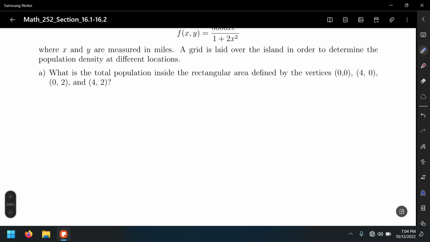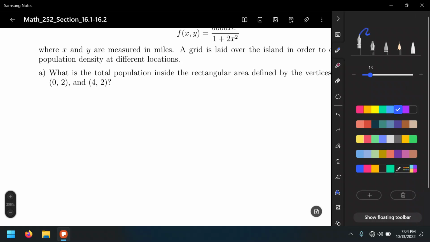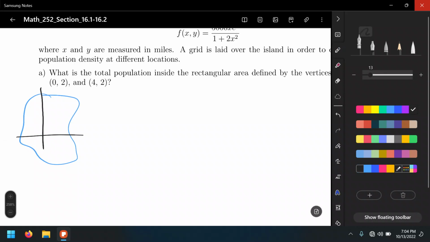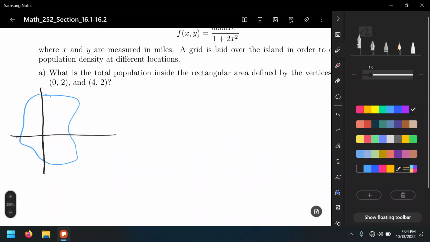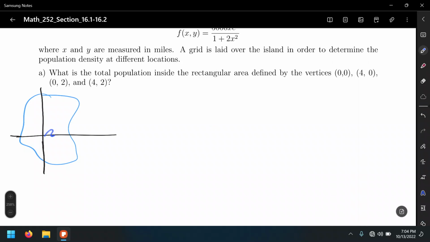Well, they're asking us to find the total population inside of a rectangular area defined by those vertices here. So let's make a picture here and let's draw the island first. All right, and suppose we impose a rectangular system here. We want to know the population in the area defined by the points 0, 0, 4, 0, 0, 2, and 4, 2.